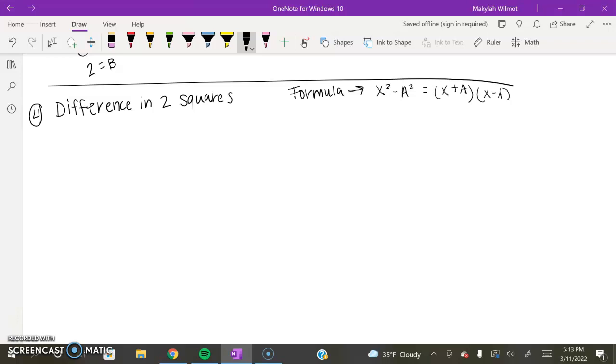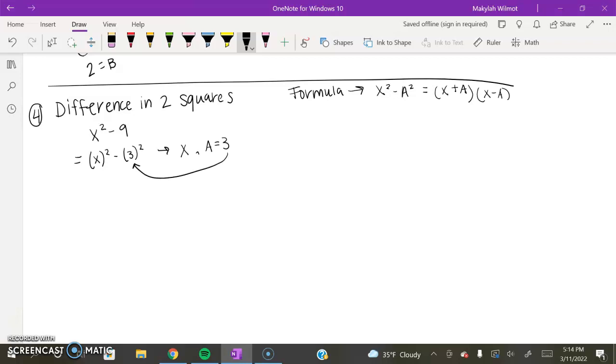So, for example, if you have x squared minus 9, then that equals x squared minus 3 squared, right? So you have your x, and then a is equal to 3.